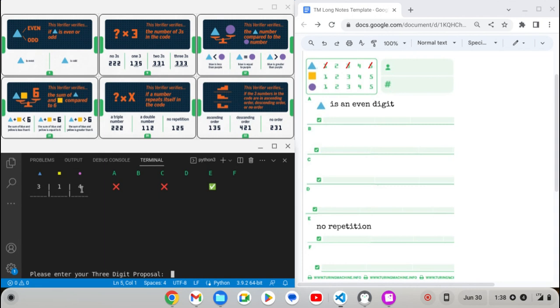And also remember, since there are no repetitions, it can't be equal. So that means that in fact, triangle should be greater than circle. So let me go ahead and type that up in section C, that triangle should be greater than circle.